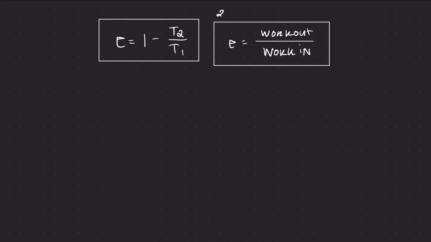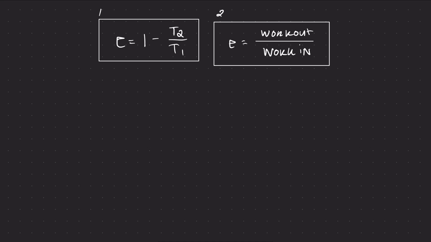Efficiency 2 is a working definition that we can use to compute the efficiency of a very real-world system that is actively doing work, whereas we can use the first efficiency expression to compute the maximum, or the limit, of how efficient that system can be.